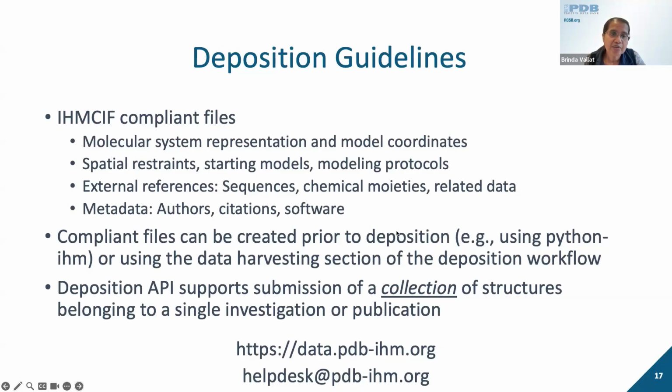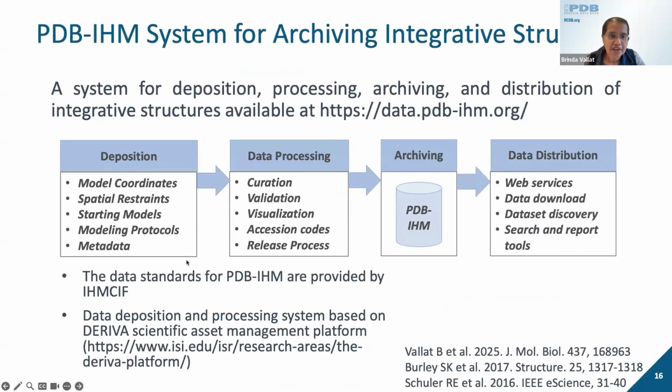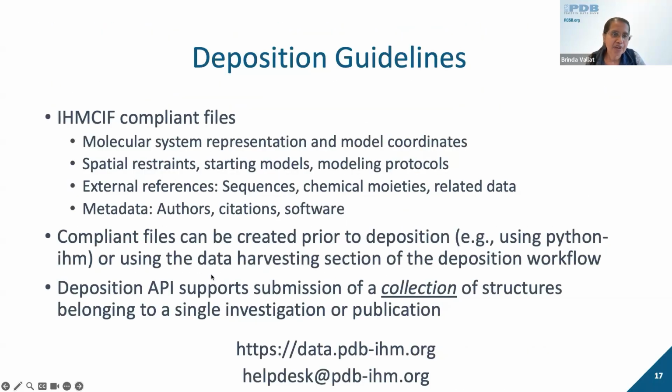You could use the Python IHM library to create compliant files prior to deposition and then breeze through the workflow. Or we have a data harvesting section of the deposition pipeline, which is accessible from this URL, and you can start with a minimalistic structure, just the coordinates, and add all other information progressively. That would be time-consuming, of course, but there are multiple ways to address the requirements. And we also have an API. If you have a compliant file, you can use the API to submit multiple structures.